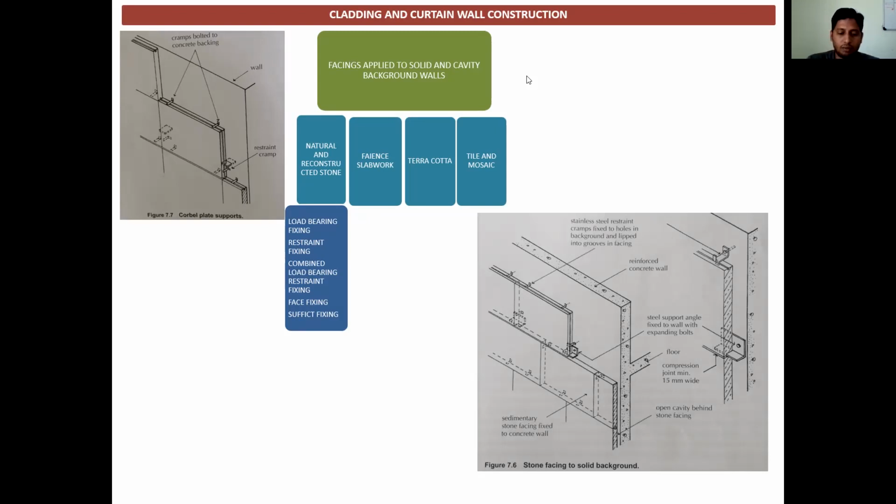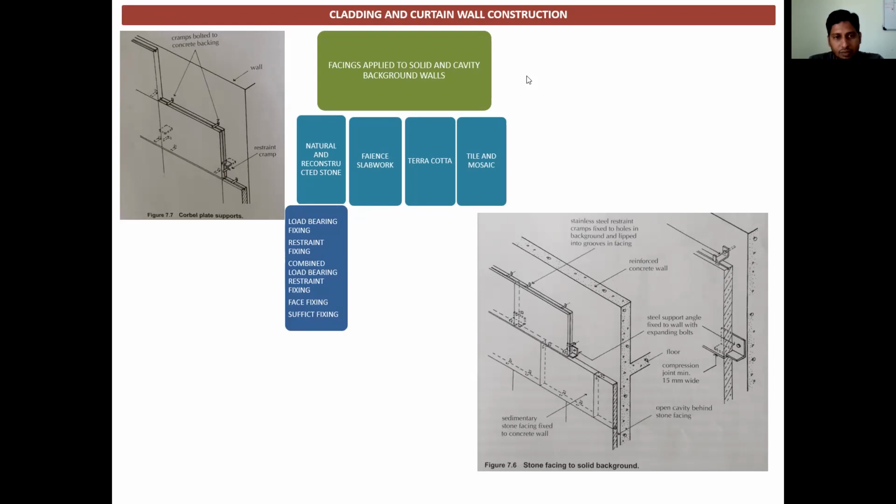From the quarry, it is already dressed, finished, and cut into standard sizes and then transported to the site. So how these stone slabs can be fixed on the existing wall, how they will be arranged at the corners, how they will be arranged at the bottoms, all these methods are important to learn.